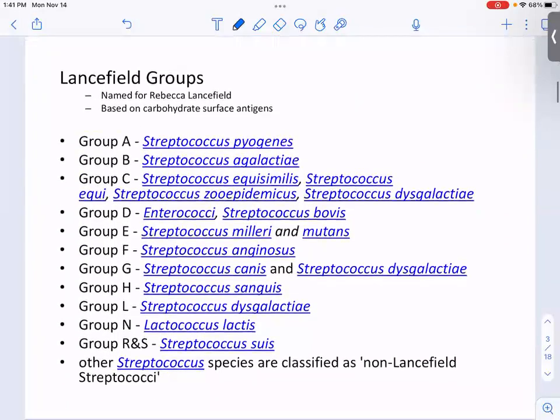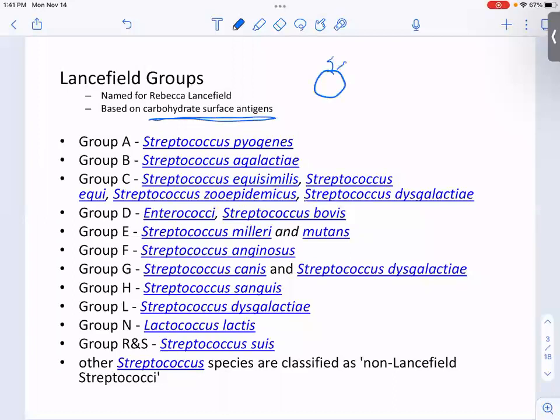But the other way that we like to put our streps into categories, besides hemolysis pattern, is by Lancefield groups. This is a grouping system that Rebecca Lancefield came up with in 1920, 100 years ago. She noticed that there were different carbohydrate surface antigens on the surface of streps.